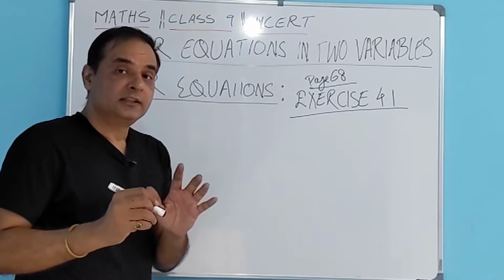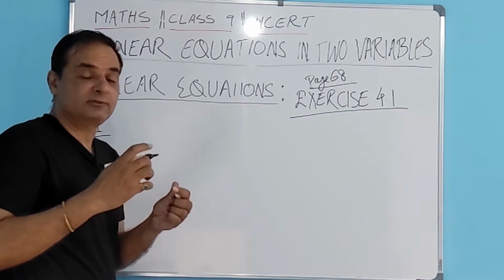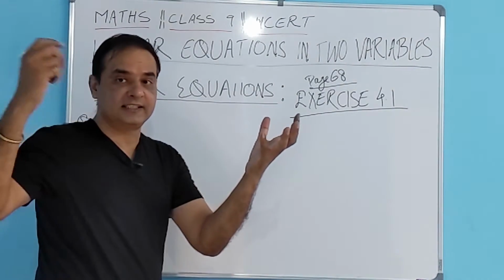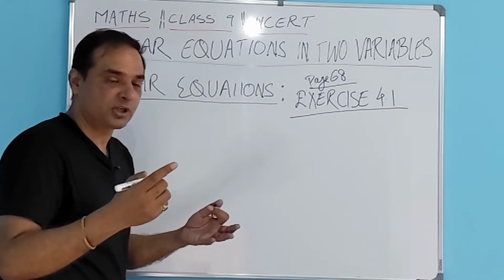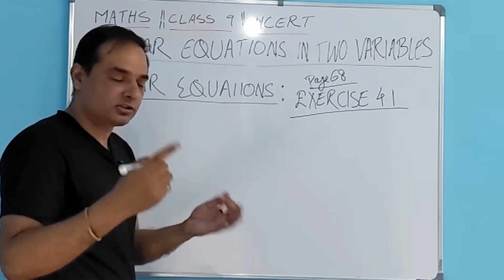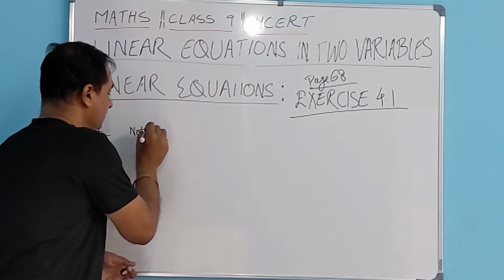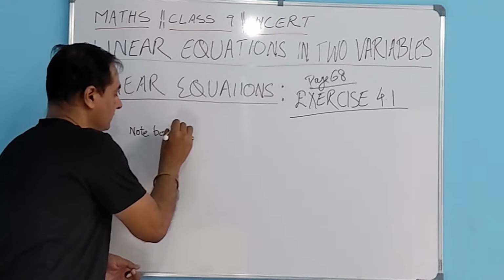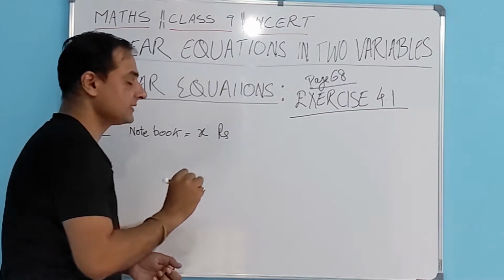Now let's do one thing. It says there are 2 things. One is the cost of a notebook and then the cost of a pen. So again, it is a word problem, we have to translate that into a mathematical equation. So let's say the cost of a notebook is x rupees.